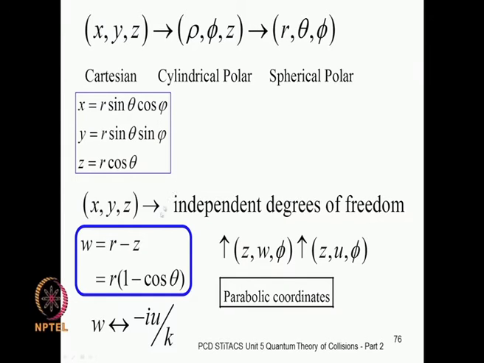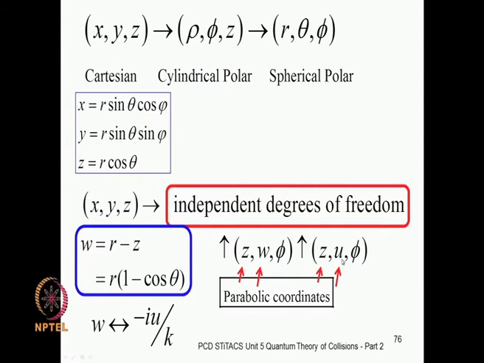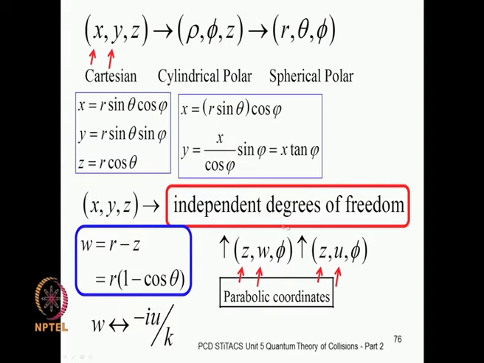What applies to w also applies to u, because they are simply scaled with respect to each other. Essentially these are independent degrees of freedom, and you can always write x as r sin theta cos phi, but then you can do a little bit of algebraic manipulation and write r sin theta as x over cos phi, and then write y as x tan phi.